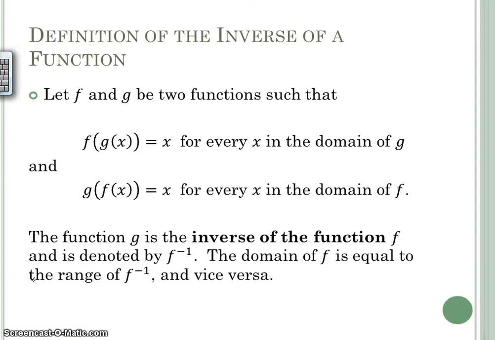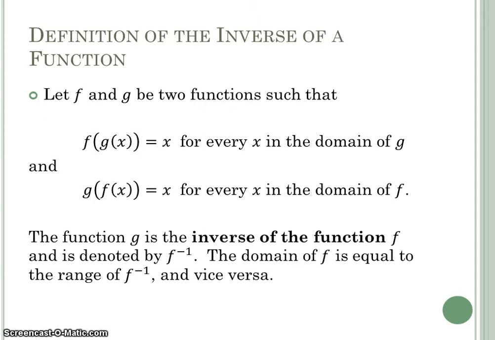All right, so the actual definition for inverse functions looks really notational and heavy, but it's not as bad as what you'd think. It looks worse than what it's really saying. We've got functions f and g. Those are just two normal functions where f of g of x equals x, and g of f of x also equals x.